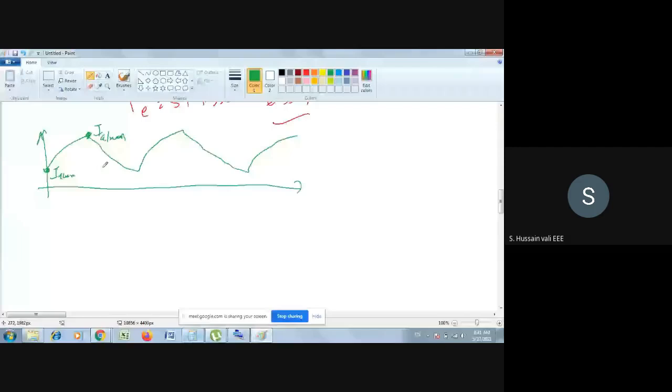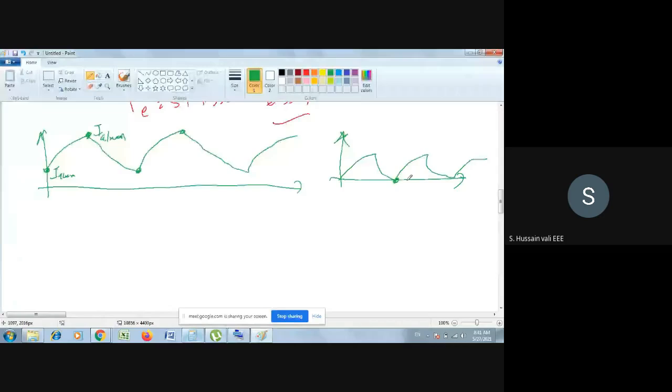Something like this. If this value is 0, then we can easily find out the value.